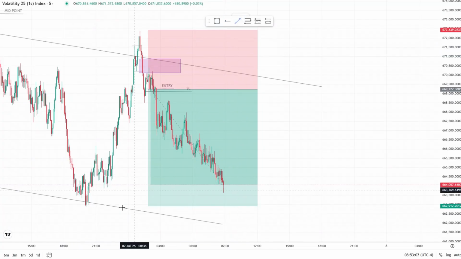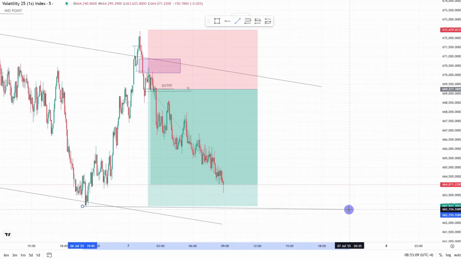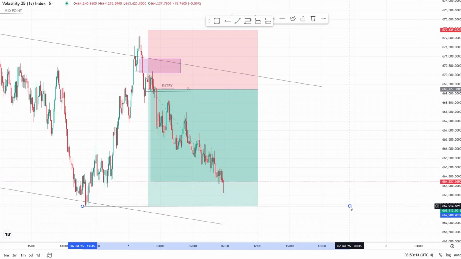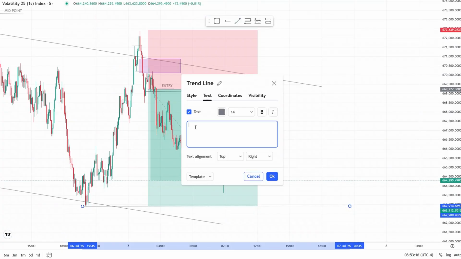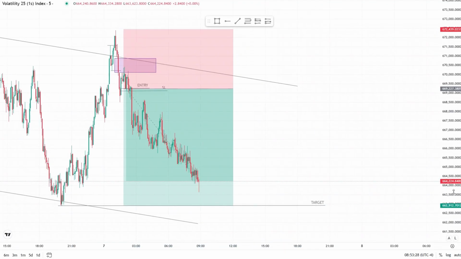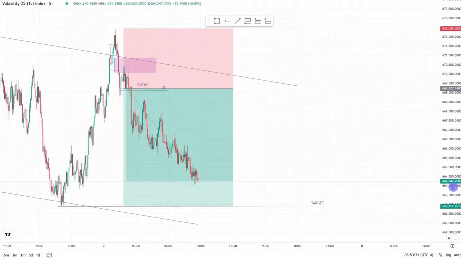Okay, now so this is gonna be our target right there. Right, so this is actually real life movement. This is a trade I actually took.